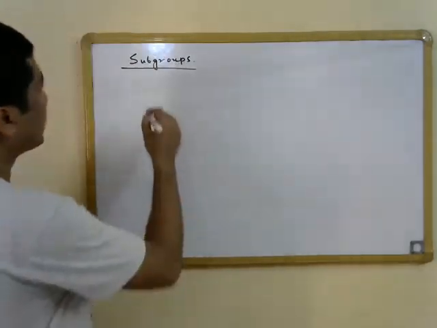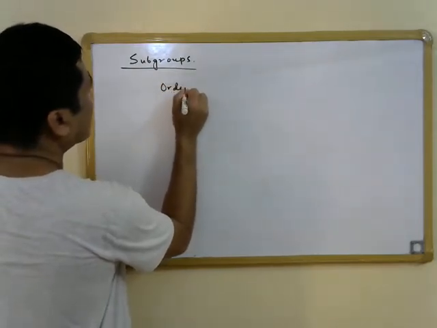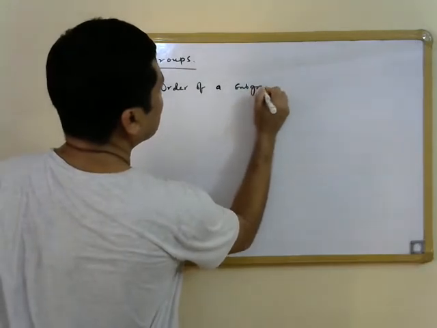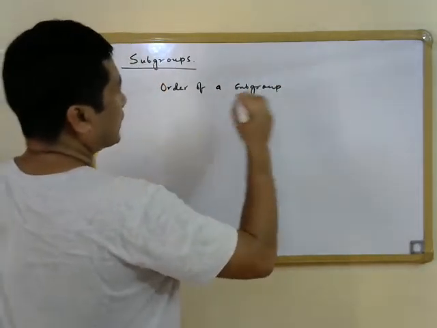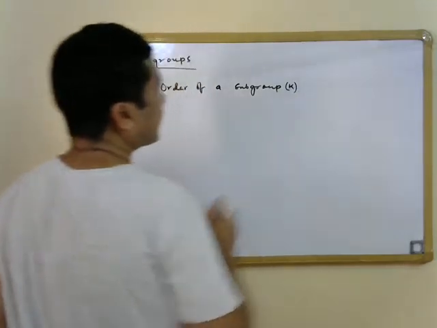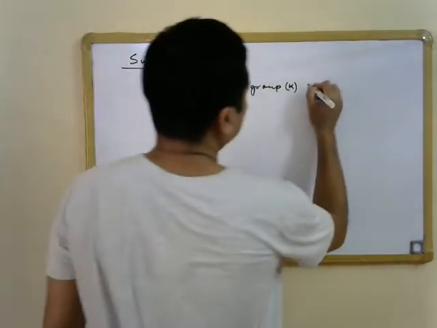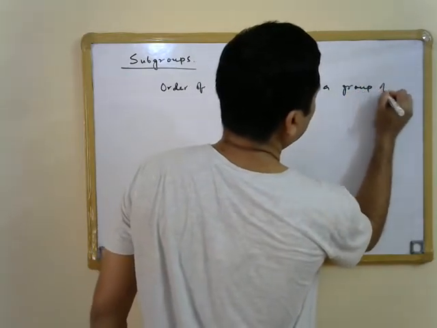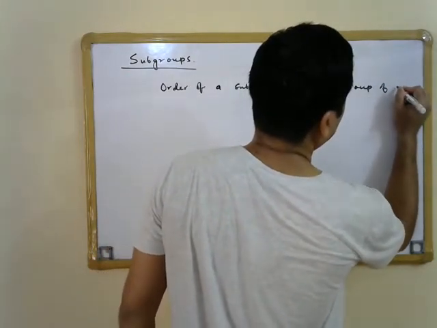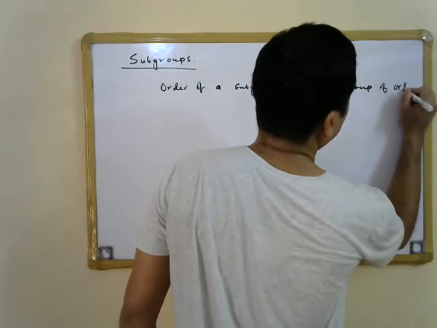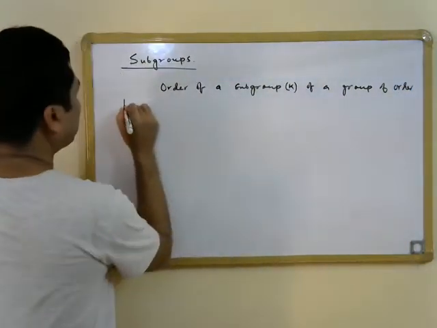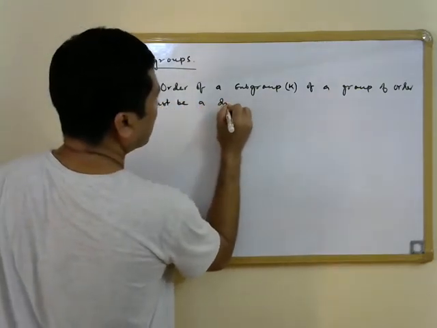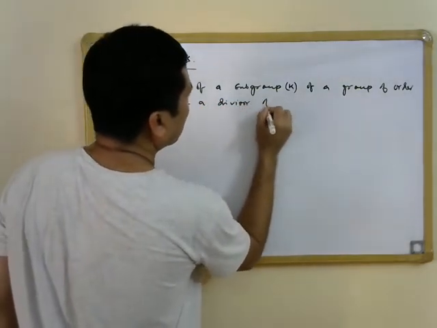That we can express: if the order of a subgroup is k, of a group of order, say, h, then k must be a divisor of h.